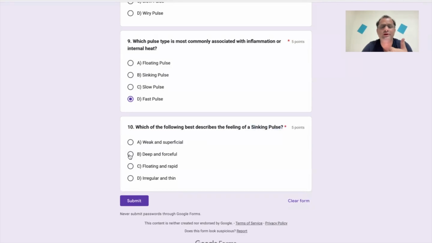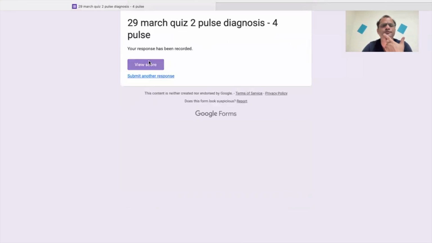Now, when we go deep, it might be slow, it might be forceful, but sinking pulse will be deep. So remember one thing: sinking pulse will be deep. Sinking pulse cannot be superficial. Sinking pulse cannot be rapid. So the answer will be this. So this is the summation.